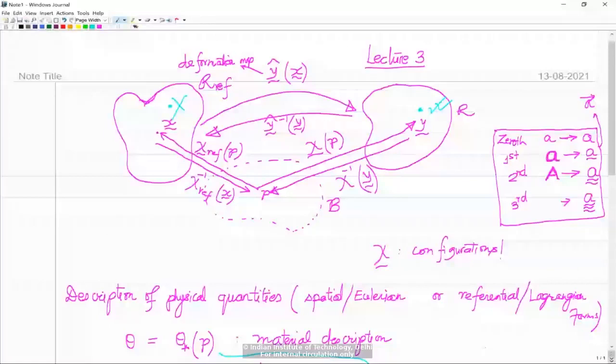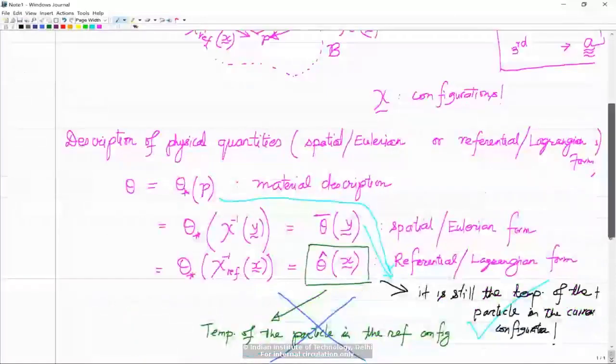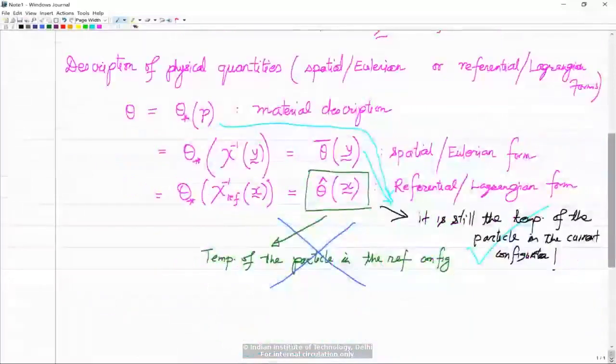Somebody is asking how we are arriving at theta bar and theta hat functions. That is, of course, a good question. But as of now, we are just introducing these functions. Of course, one person could, for example, measure. Let us say you have a body in the current configuration.